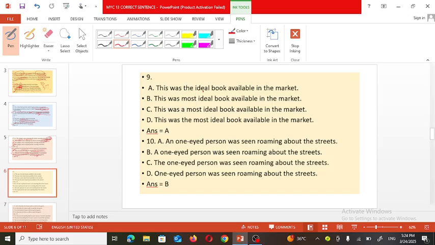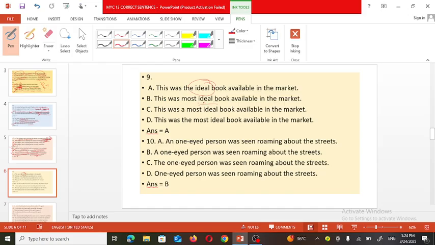This was the ideal book available in the market. What do you mean by ideal book? Ideal means the best possible option. Next one is this was most ideal.